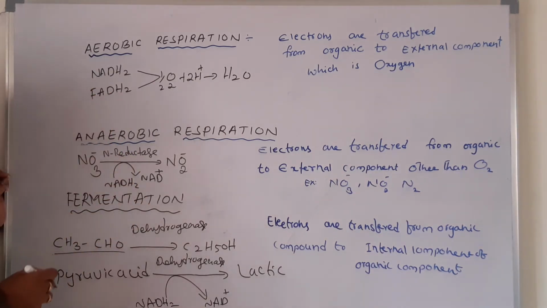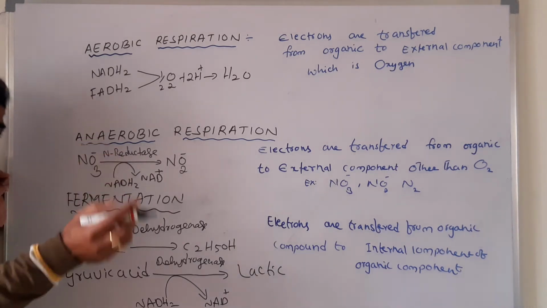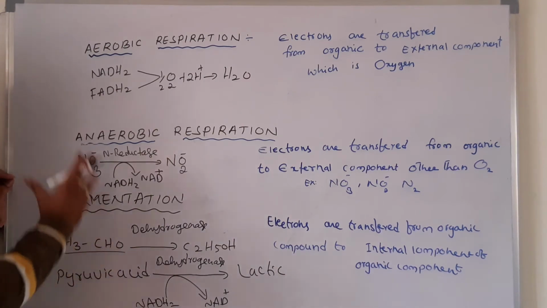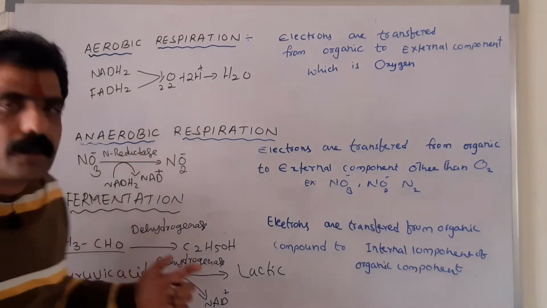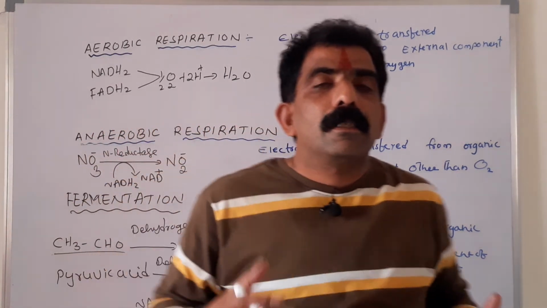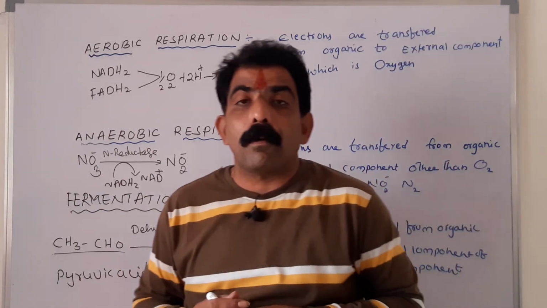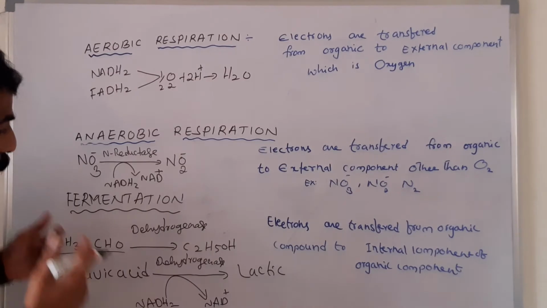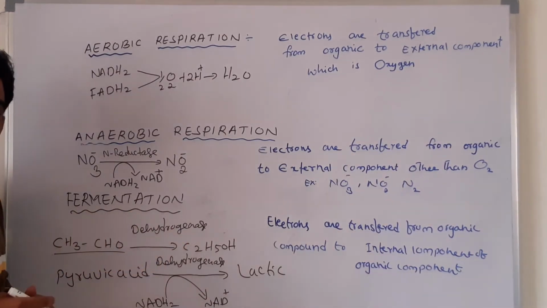So here electrons are transferred from organic compound to organic compound. That is why it is called fermentation. Fermentation is the process in which electrons are transferred from organic compound to organic compound, in the case of alcoholic fermentation.